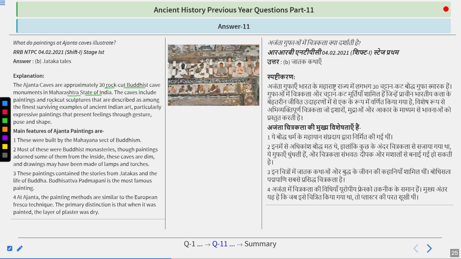The caves include paintings and rock-cut sculptures that are described as among the finest surviving examples of ancient Indian art, particularly expressive paintings that present feelings through gesture, pose, and shape. The main feature of Ajanta paintings is that these were built by the Mahayan sect of Buddhism.